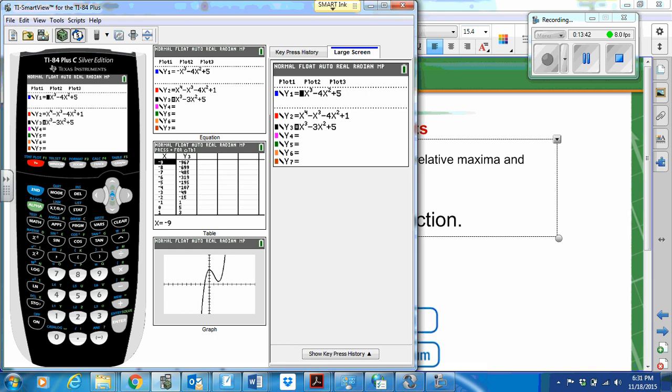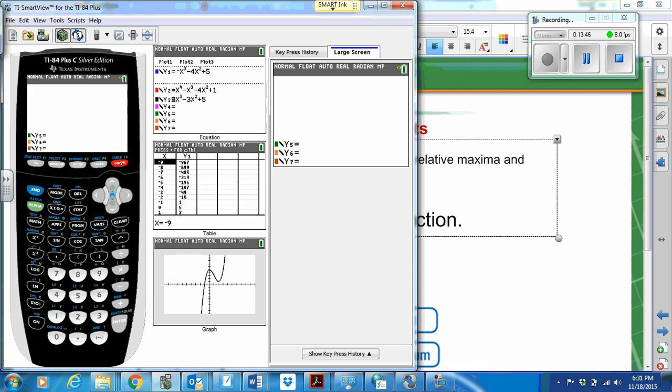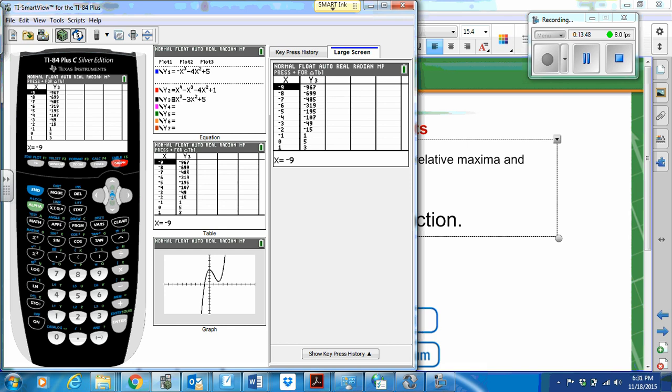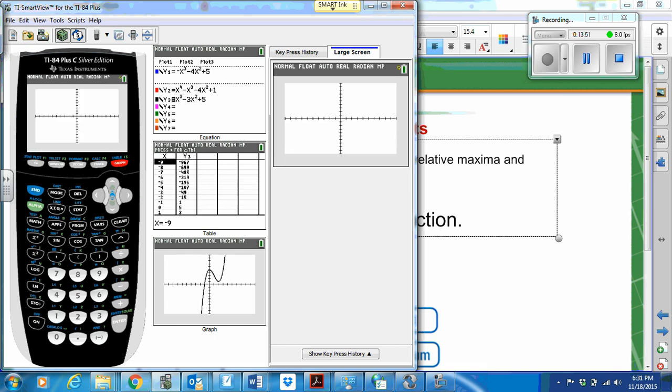Oh, so that's the one, is that the one we just did? So when we graph it, we see that. Now it's fairly obvious where the x values are, where these minimum and maximum occur.